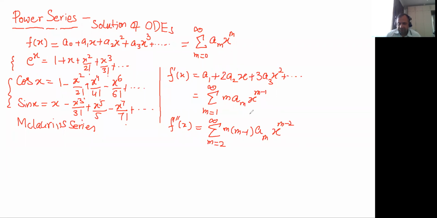So am will remain the same. The only things that change will be the m and m minus 1 terms, and the power of x, which is m minus 2. We can use these kinds of relationships in the solution of ordinary differential equations using the power series.